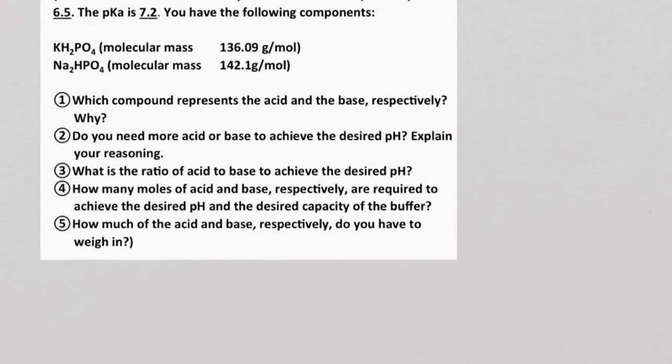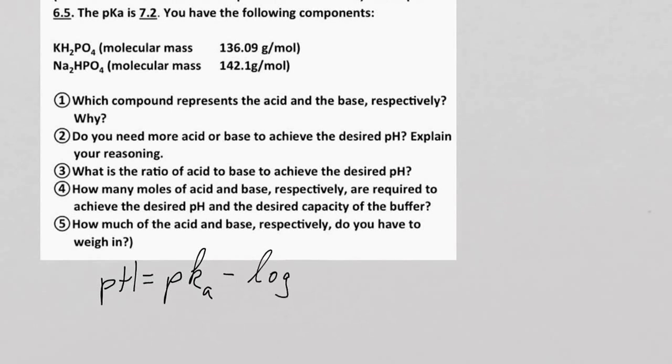For question 3, what is the ratio of acid to base to achieve the desired pH? We need to write down the Henderson-Hasselbalch equation. So pH equals pKa minus log of acid concentration, in brackets, divided by the base concentration.